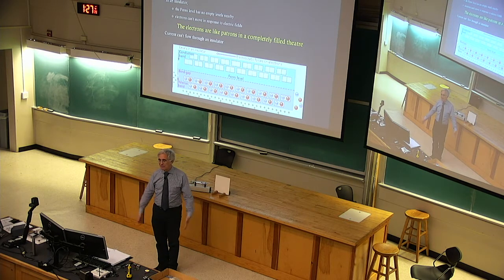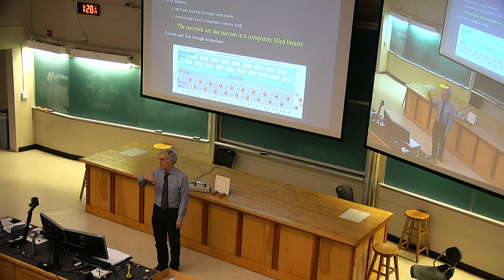What that just means is that it would take a significant energy to move an electron from one of the valence band levels, analogous to the ground floor of the theater, to the empty conduction levels, the balcony. It would take a lot of energy to do that. And as long as nobody is willing to provide that energy, nothing's going to go through this.